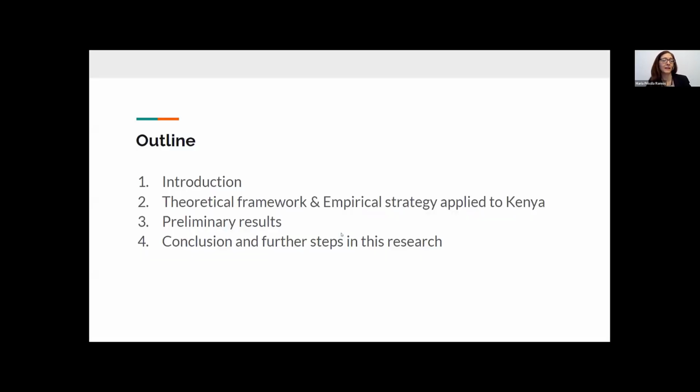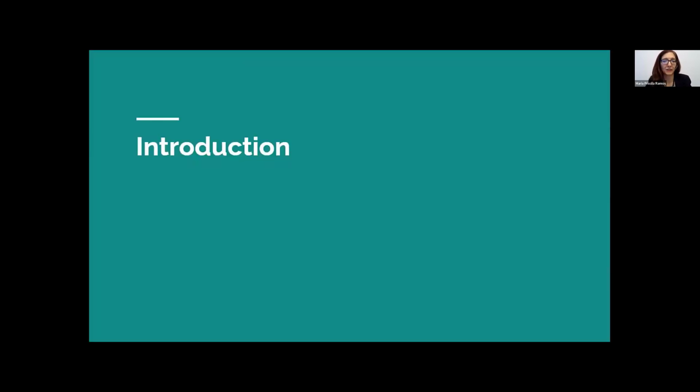This is the outline, quite simple: introduction, theoretical framework and empirical strategy applied to Kenya, and our preliminary results, and finally conclusions at this stage of the research, and what our next steps will be.